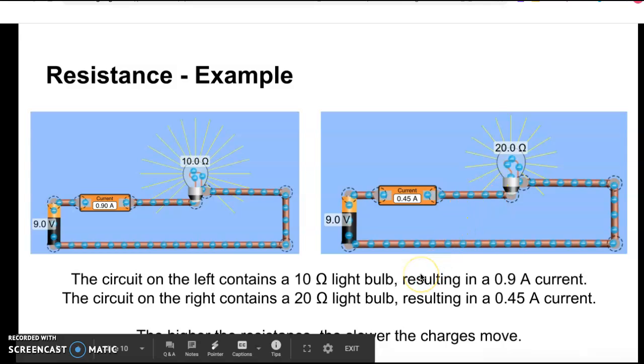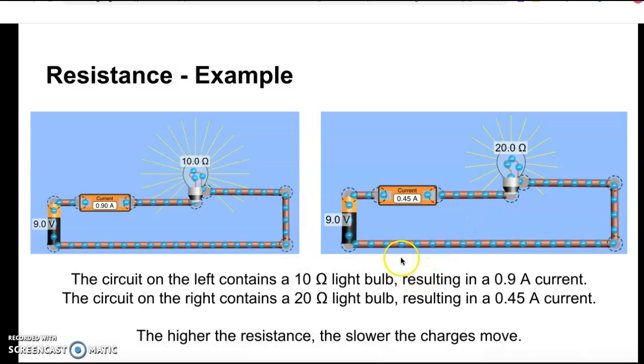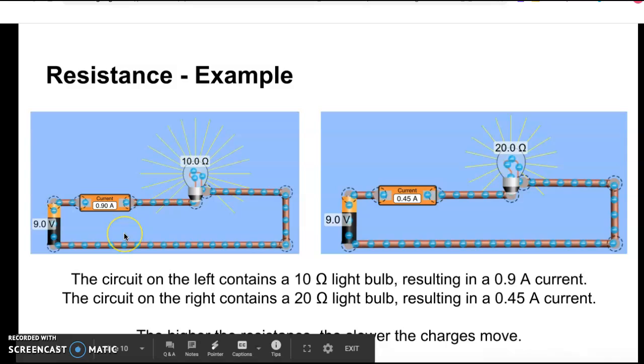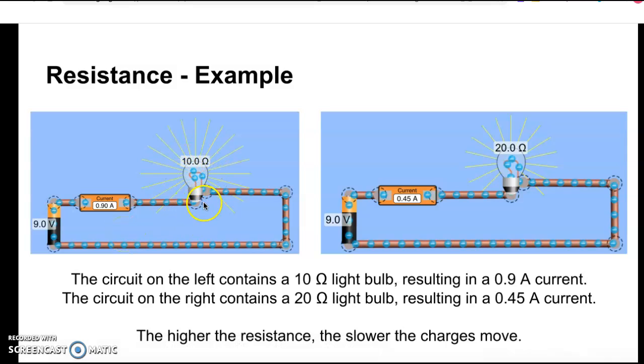So I have 2 circuits here again. So in the left-hand circuit, this light bulb here, it's a 10 ohm light bulb. That's how much resistance that light bulb is giving. So it's slowing down the charges a certain amount. Whereas on the right-hand circuit, I have a light bulb that's 20 ohms.